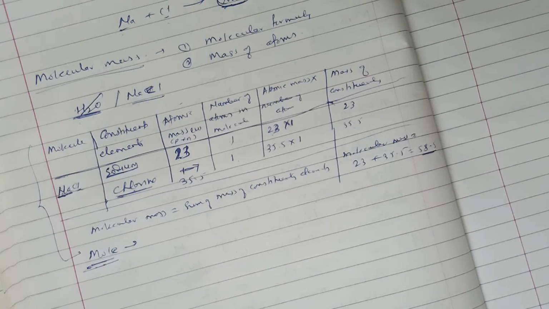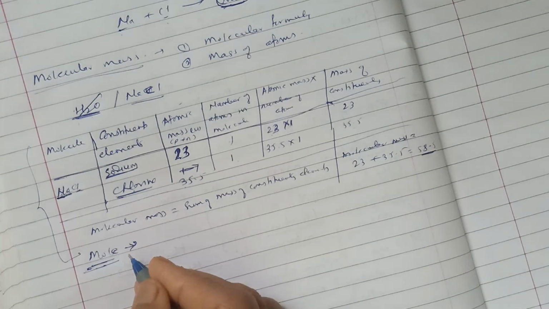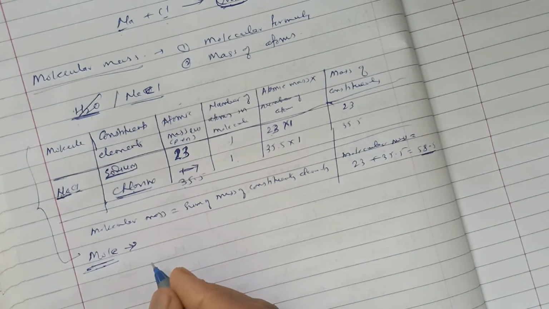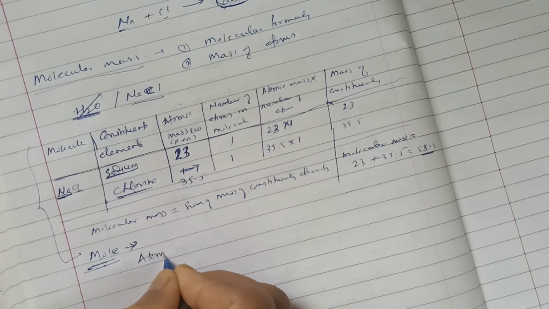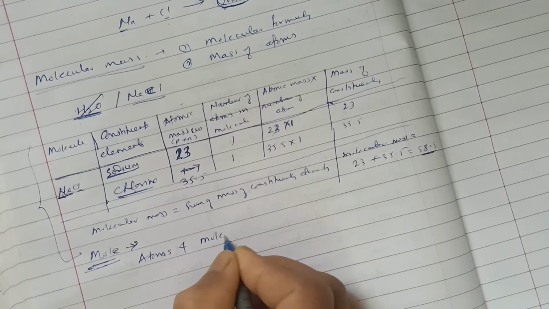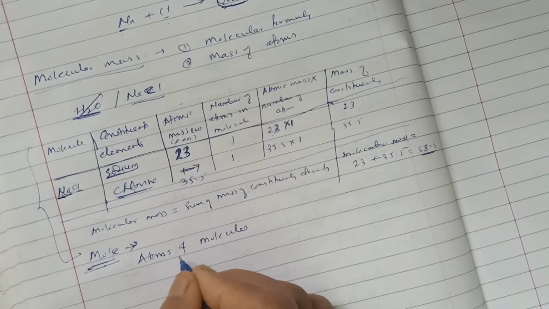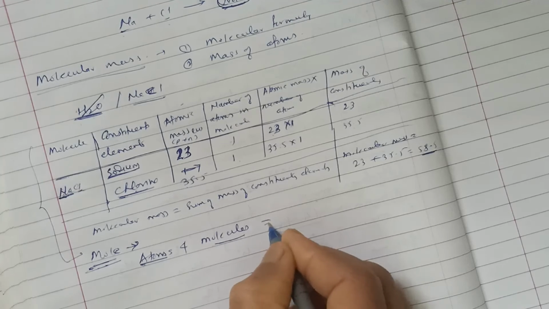When elements and compounds take part in a chemical reaction, their atoms and molecules take part in that reaction.